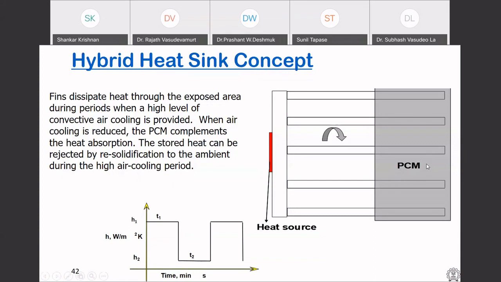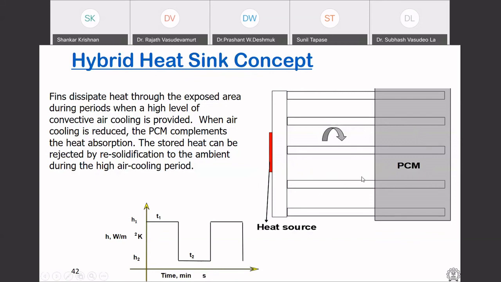So instead of putting the phase change material close to the heat source, we wanted to put it far away, because the heat dissipating device is continuously dissipating a certain power. Once this phase change material melts, it cannot resolidify. So instead, if I put it at the tip of the heat fin, then when the velocities are high, I can use that to resolidify the phase change material when it is coming down.